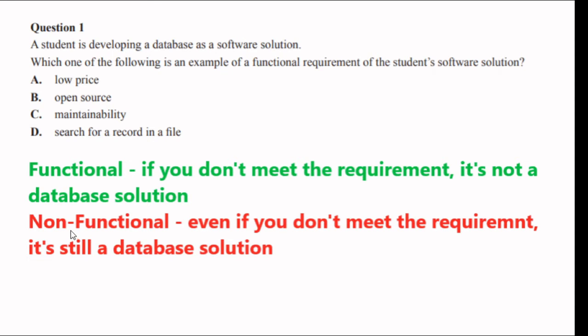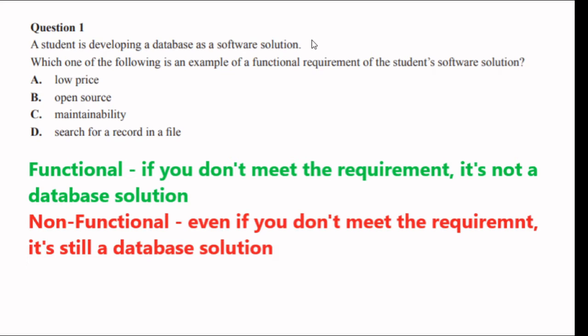And non-functional requirements, even if you don't meet this requirement, it's still considered a database. So it might annoy your boss or whoever you're making this piece of software for if you don't meet it, but it is still considered a database if you don't meet it.